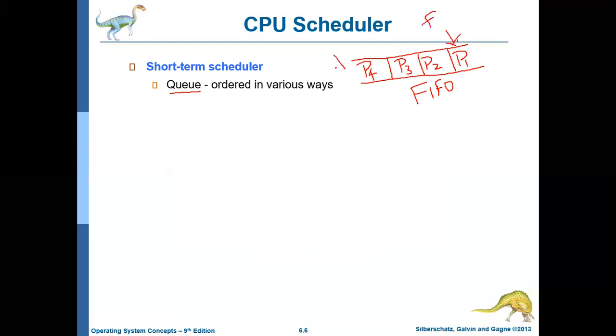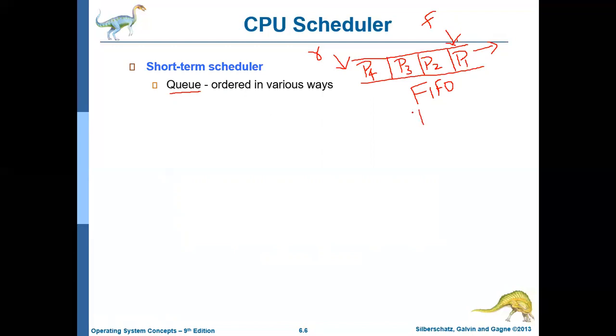It is not that the process which is in the front end of the queue will always get the processor. No, it can be different. The queue need not be only FIFO style.